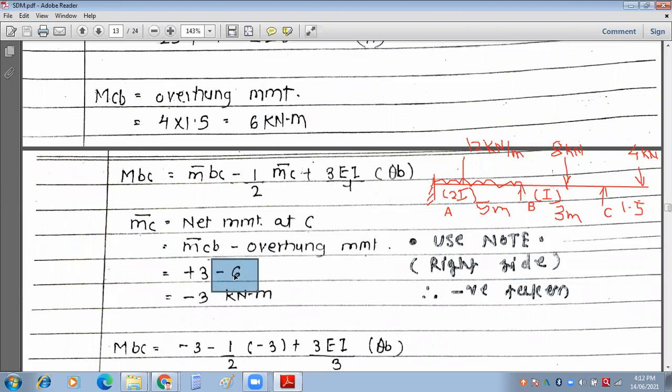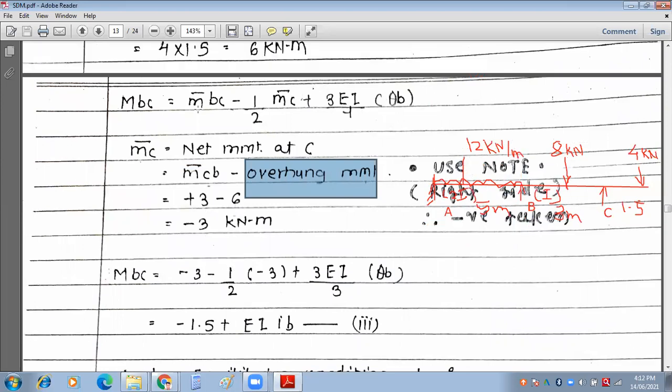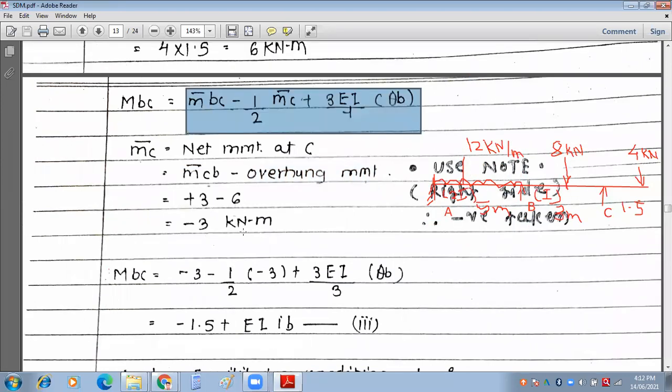Therefore, plus 3 plus 3 minus 6 becomes minus 3 kilonewton meter. This is the moment at C. How did we find this moment at C? One is due to the fixed moment and another is due to the overhang. Once you have found this moment, put all the values in the above equation.